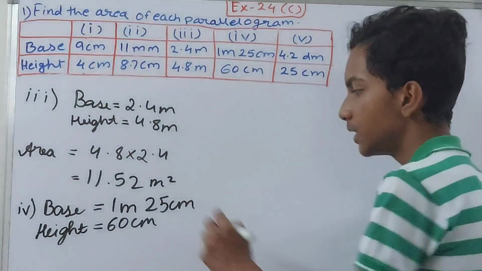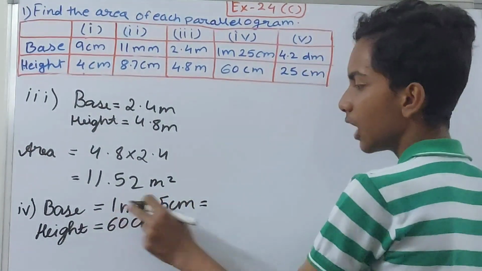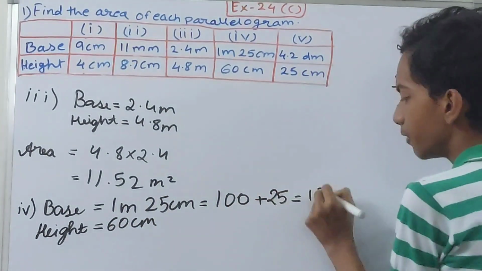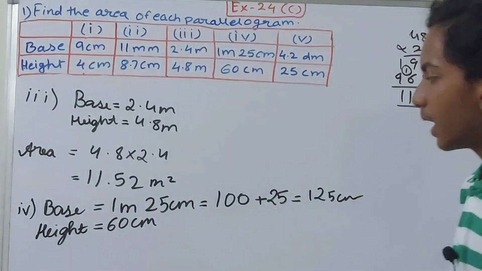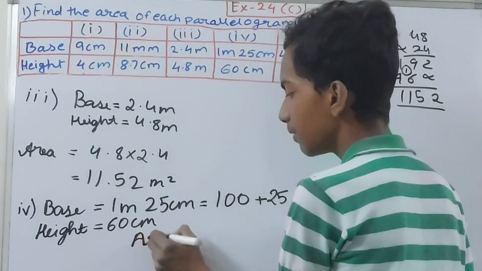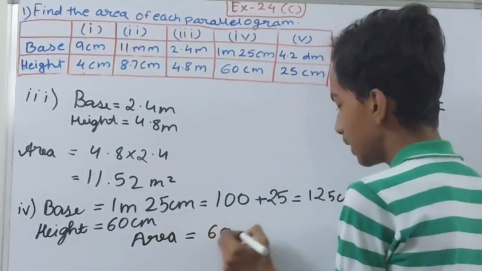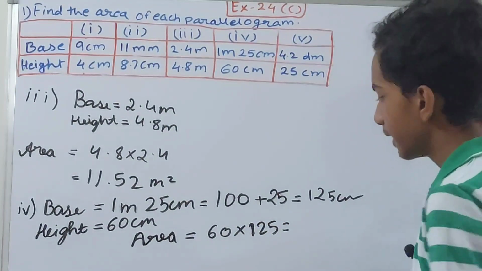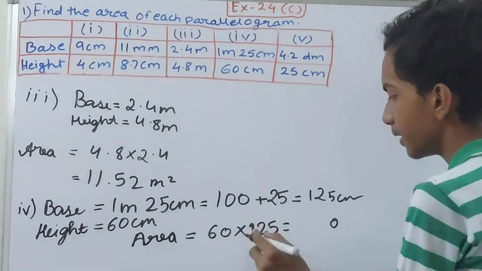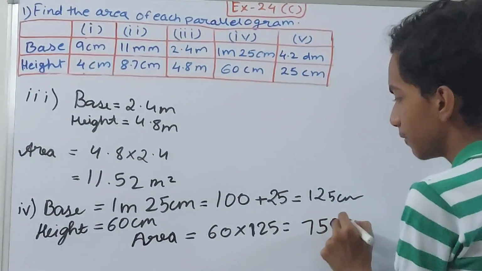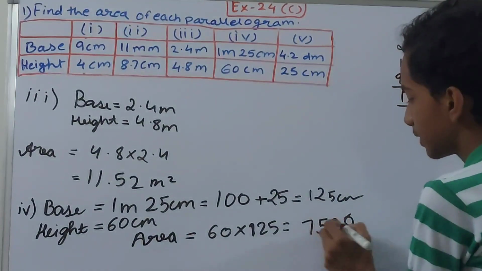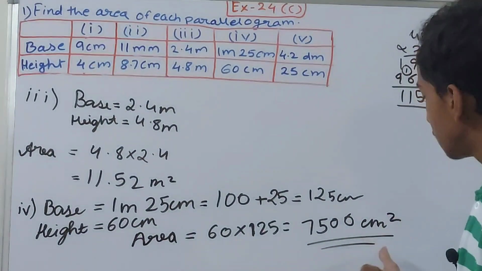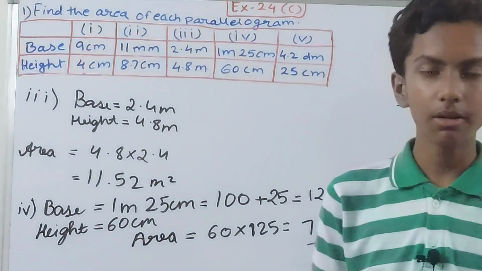We'll change meters into centimeters. 1 meter has 100 centimeters, plus this 25, so 125 centimeters. Now the area will be 60 into 125. 6 into 5 is 30, and so on, which gives 7500 square centimeters, or again you can change the unit into square meters, up to you. Now let's move on to the next part.